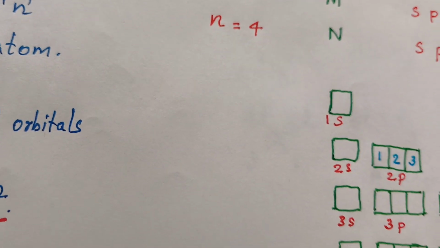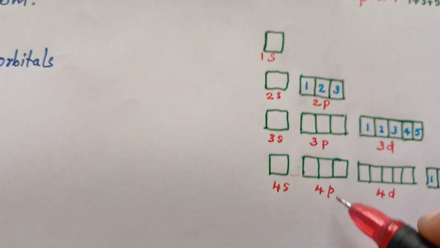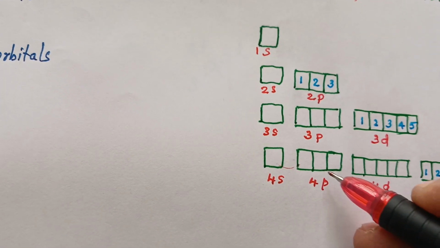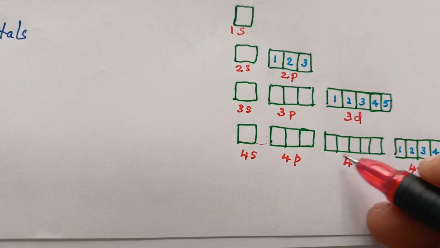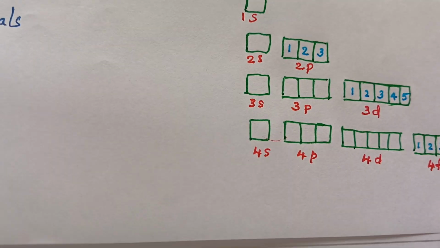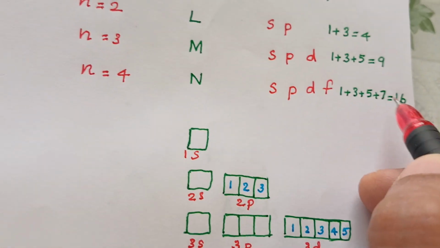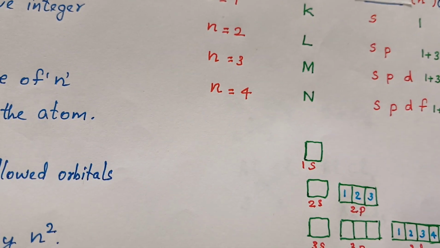That is 1 orbital in the s subshell, 3 orbitals in the 4p subshell, 5 orbitals in the 4d subshell, and 7 orbitals in the 4f subshell. Together you will have 1 plus 3 plus 5 plus 7 equal to 16 orbitals.